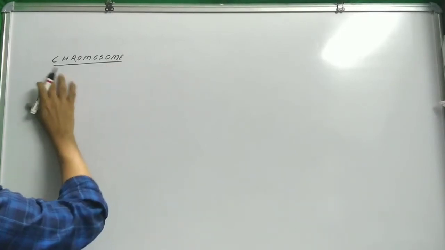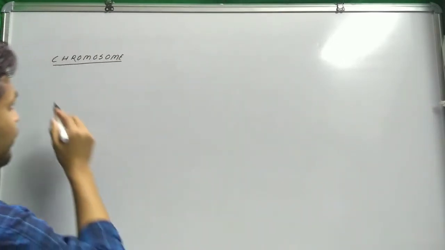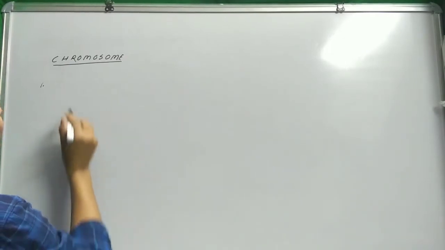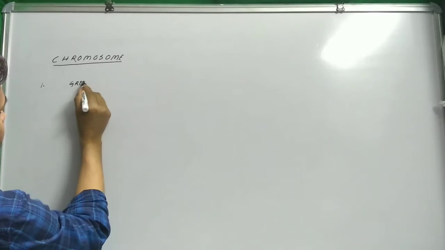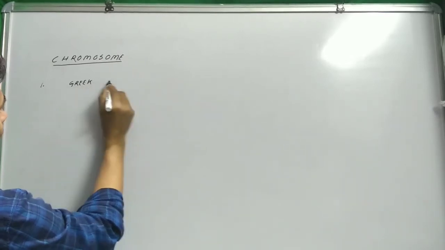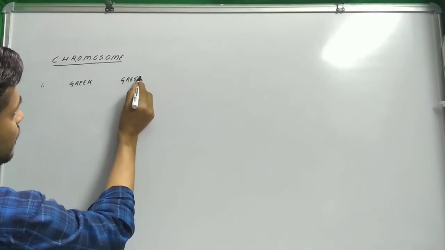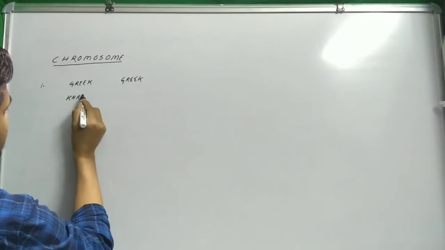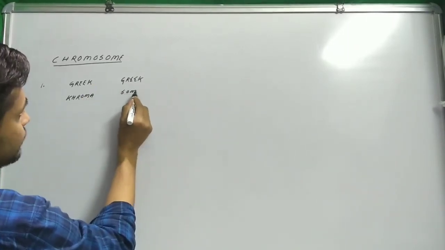So, dear students, what is actually the word chromosome? The first point, the word chromosome comes from the Greek words chroma and soma.